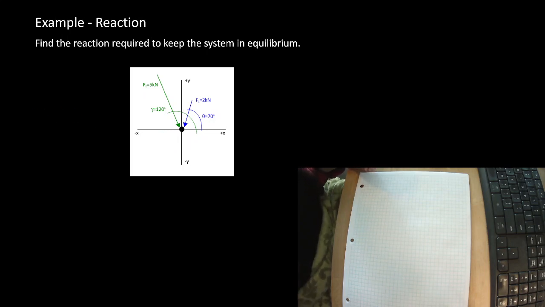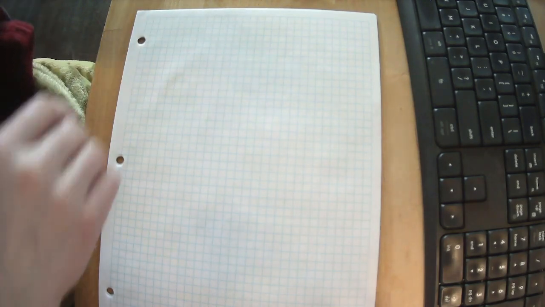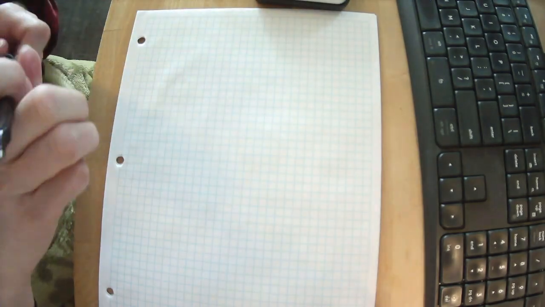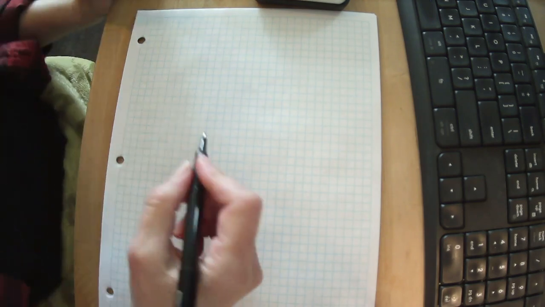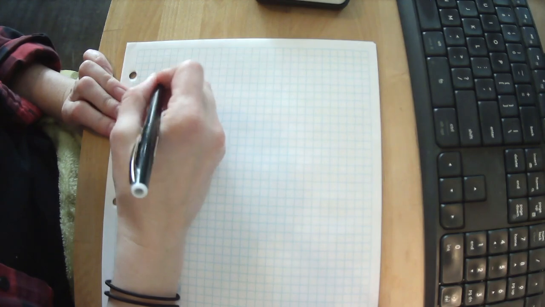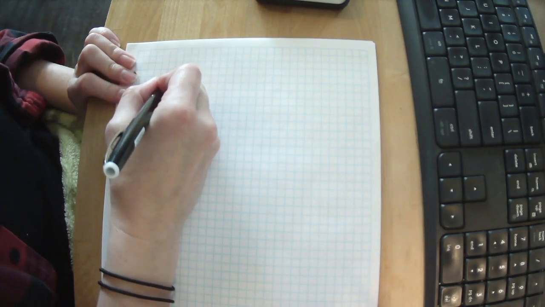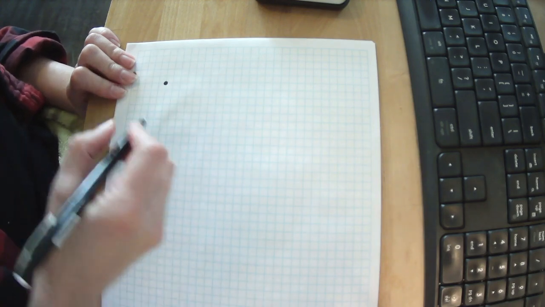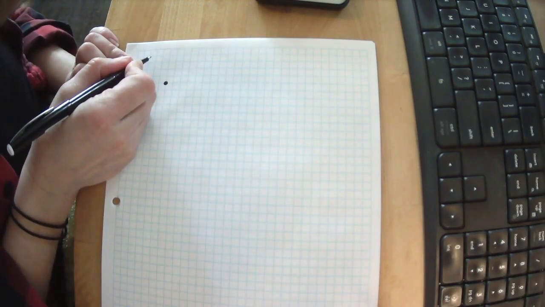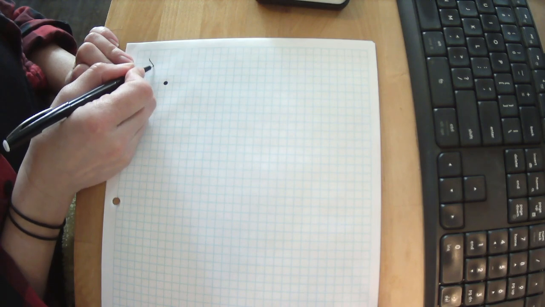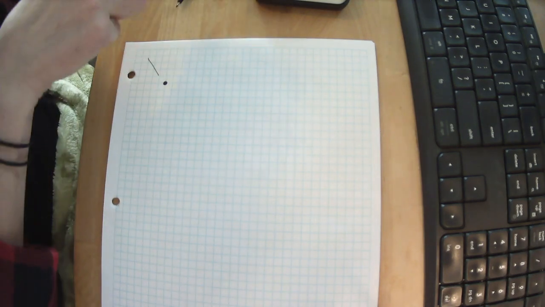So we'll make my sheet of paper bigger, and we'll start the math process here. All right. Let's start by redrawing our problem. We've got a blob of some sort right here, and it is acting with, actually, you know what, I'm going to draw it in green.